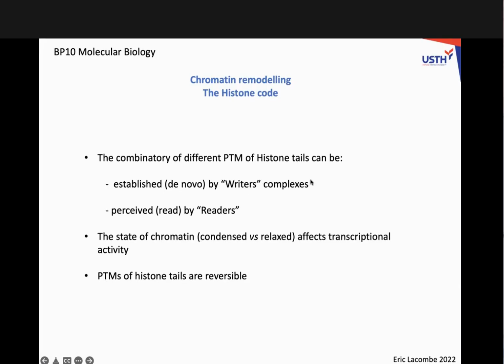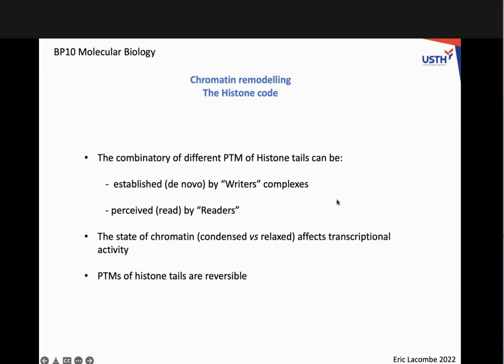It means that we have proteins that can change the modification of the tails and other proteins that can read these changes. This is why they introduced the concept of a code, because a code has to be written, and once the code is written by a specific enzyme, it can be read back by different protein complexes. Okay?